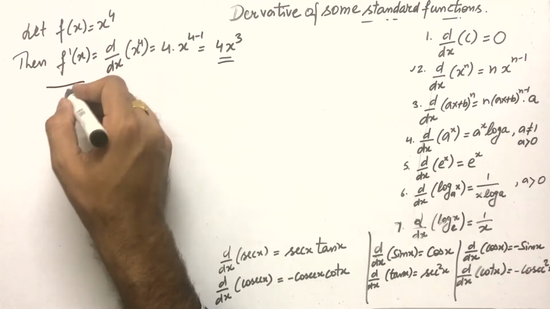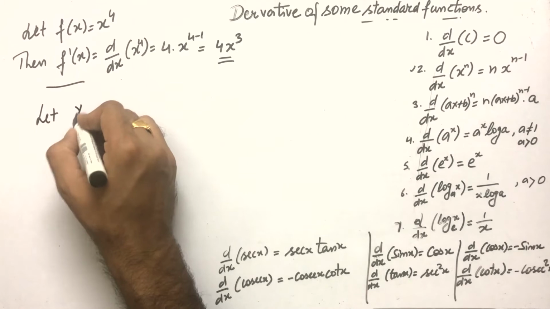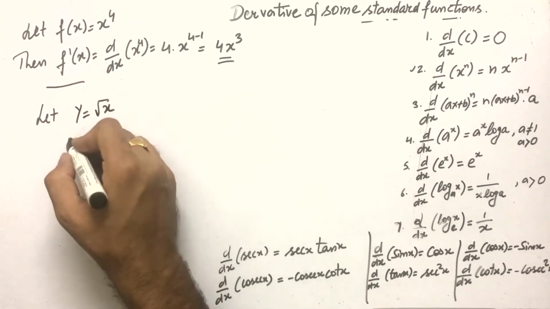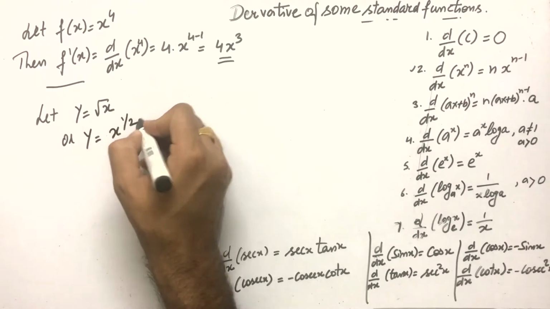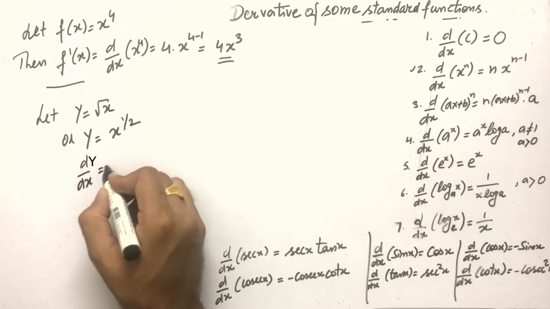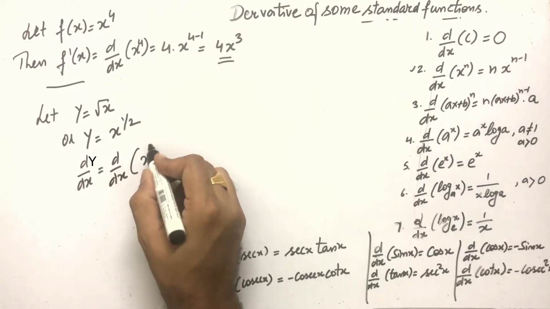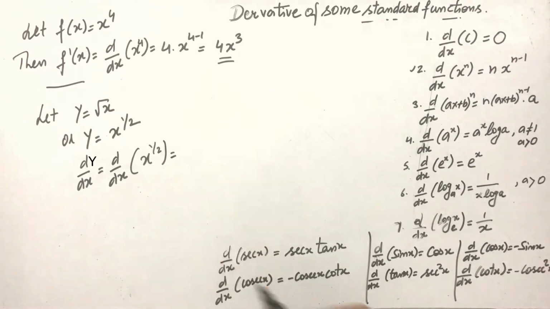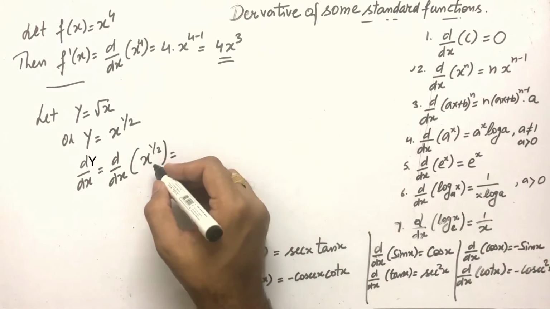Let us discuss one more numerical. Let we have y is equal to root x, and very easily we can write it as y is equal to x power 1 by 2. Then dy by dx equals dy by dx of x power 1 by 2. And as you see here, when you compare this with this formula, what is n? 1 by 2.